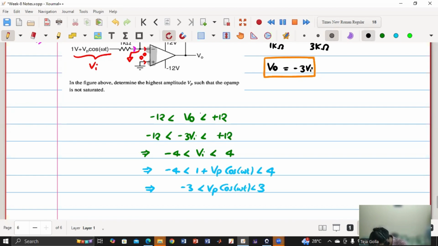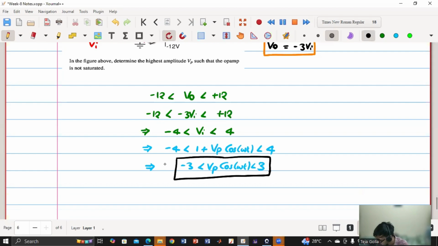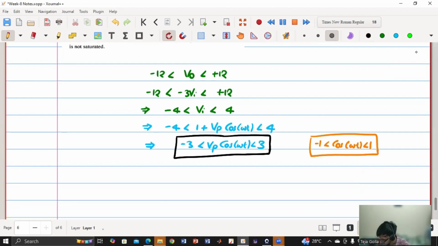From this, can you tell me what will be the maximum value of Vp so that it will be within this range? I know that minus 1 less than cos omega t less than 1. Sir, it's minus 5. Oh, sorry, yes, you are right.